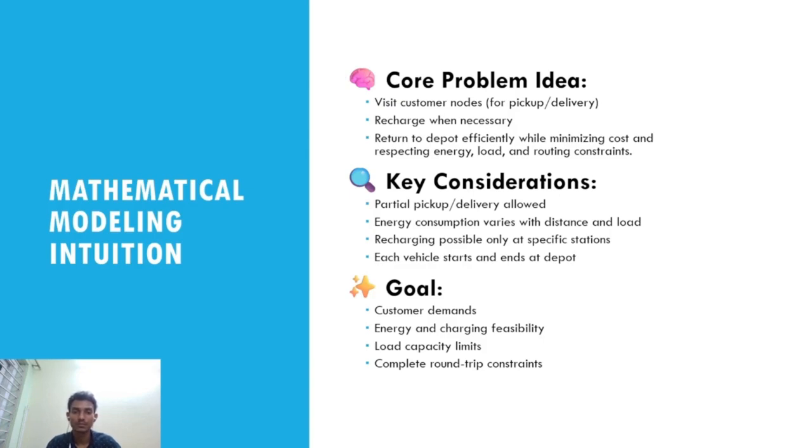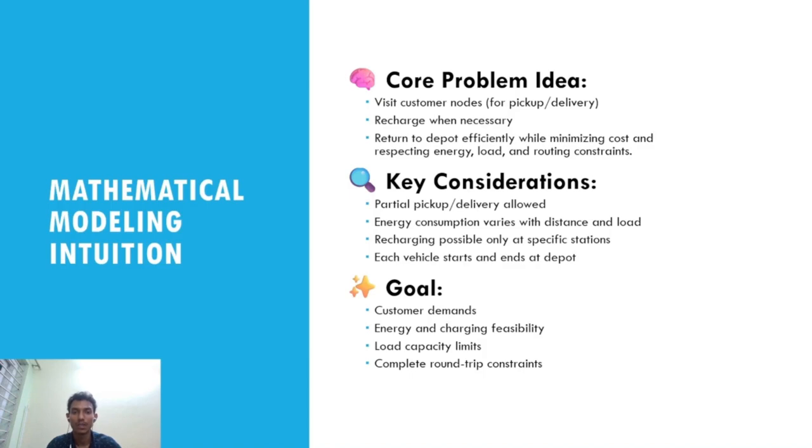Behind this EVRP model, our aim is to find the optimal routes for electric vehicles to serve customer demand, recharge whenever needed, and return to the depot while minimizing the total operational cost. The key challenge is managing multiple constraints: vehicles have limited battery capacity and load limits, and must stop at a charging station if energy drops too low.